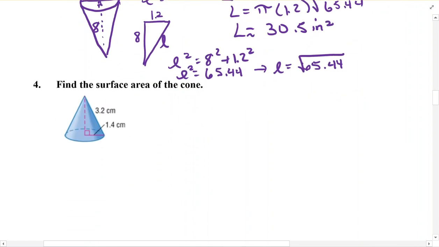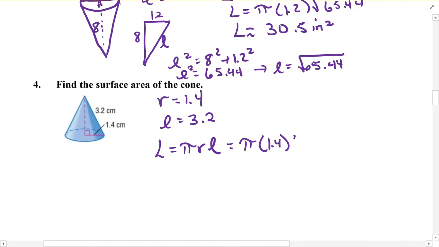The last example problem, we want to find the surface area of the cone. So the radius is 1.4, the slant height is 3.2. Lateral area is pi RL, which is pi times 1.4 times 3.2. The surface area, let's go back to the lateral area.